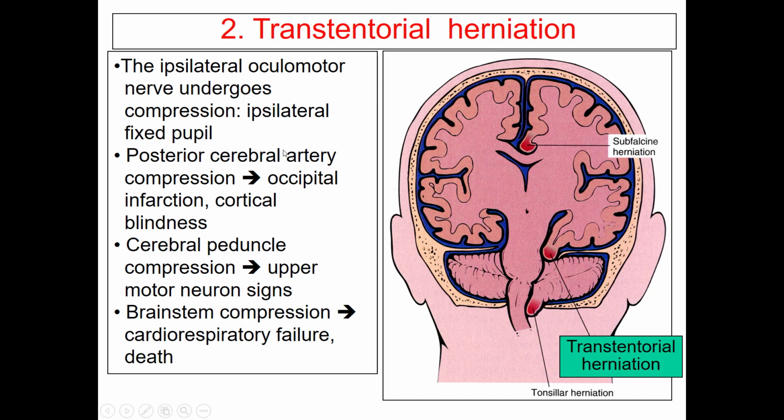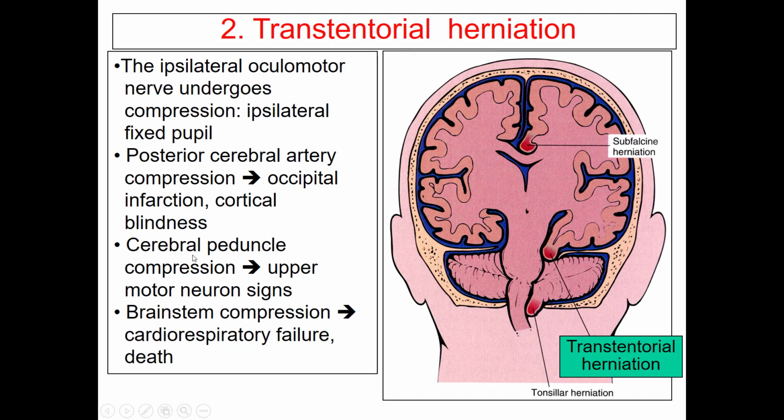The posterior cerebral artery can be compressed as well, which is leading to necrosis in the blood supply territory of the posterior cerebral artery, which also includes the primary visual cortex, the calcarine and pericalcarine areas, and occipital or cortical blindness may happen, which is associated, if unilateral, with visual field defects.